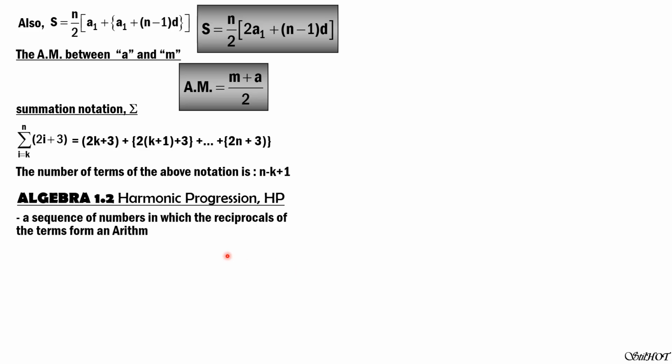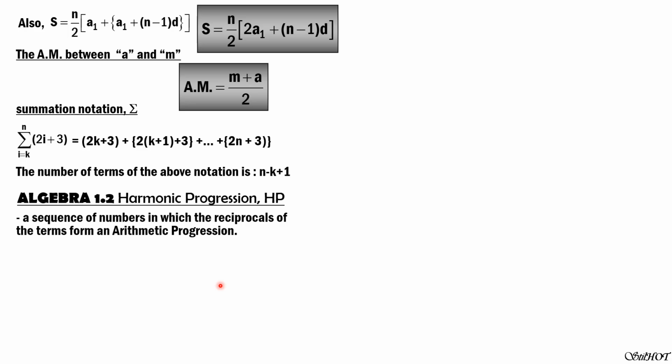If it is difficult to detect, then first we obtain the reciprocals of the terms. Then if these reciprocals form an arithmetic progression, that's the time we conclude that the series of terms are in harmonic progression.